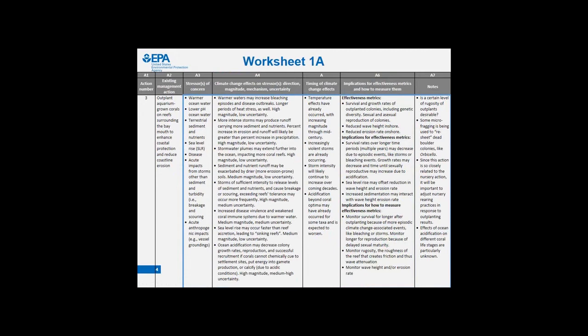And then the question addressed by column A4 is how is climate change affecting these stressors? Which direction are they heading? Which magnitude? Are they likely to become greater or lesser? What are the mechanisms? How is this likely to work? And the uncertainty, or how certain we are that this is likely to occur. We expect warmer waters to be on the increase.